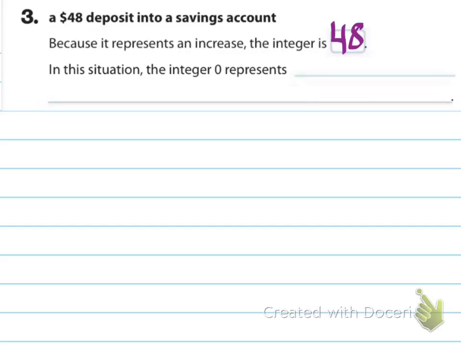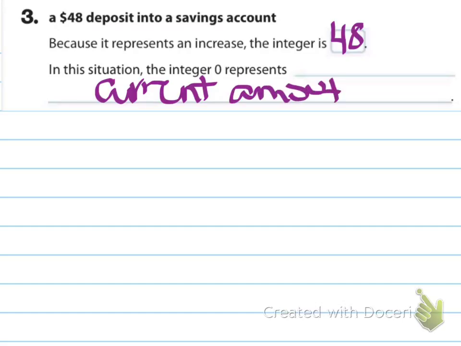In this situation, 0 represents the amount that you have in savings, right? The current amount in savings. So if I'm increasing and depositing $48, I'm increasing my current amount. So 0 represents the current amount.